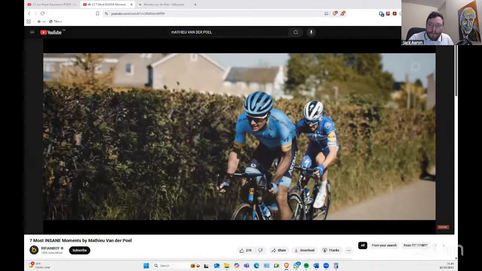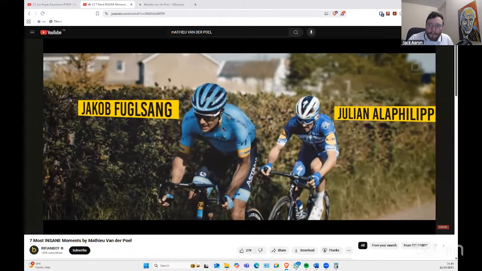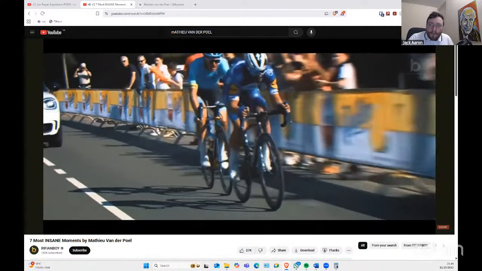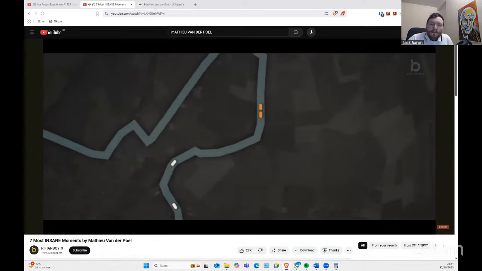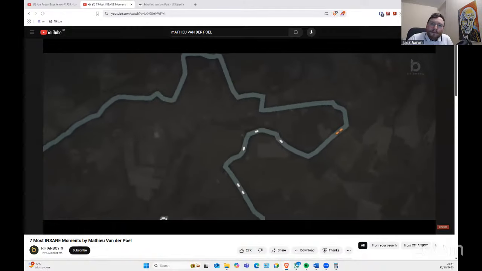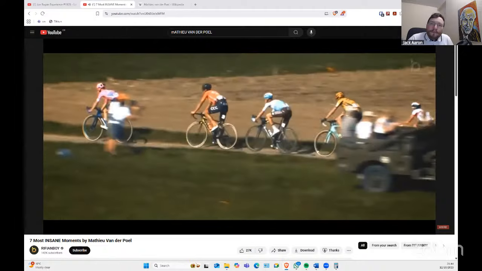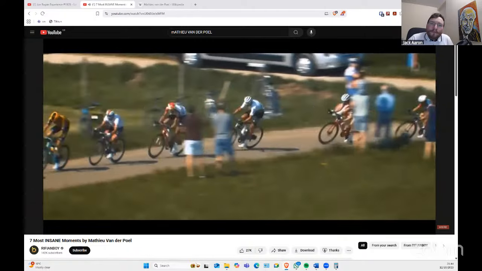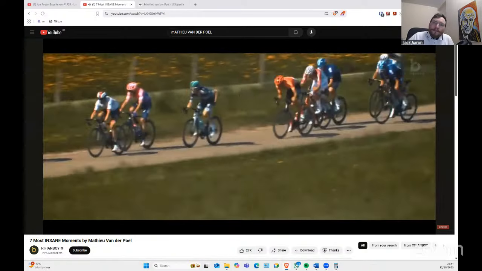At the front were Frenchmen Julien Alaphilippe and Jakob Fuglsang of Denmark, followed by multiple scattered chasers. Fuglsang is giving just as much as Alaphilippe. Total cooperation between these riders. One thing about classic races that is different from other bike races is that gaps are more difficult to close. A 10-second gap sometimes takes the cooperation of several competing parties to bridge, and you get riders that, no matter what, won't agree to work for the group, because for 99% of the time, when you do the work, you won't have anything left for the end.